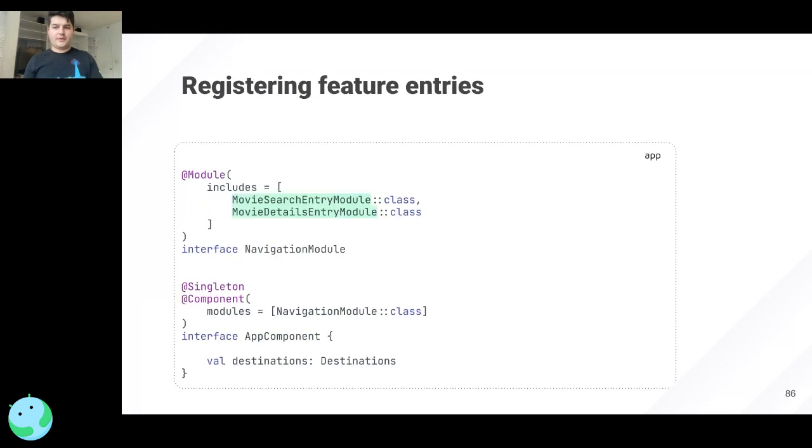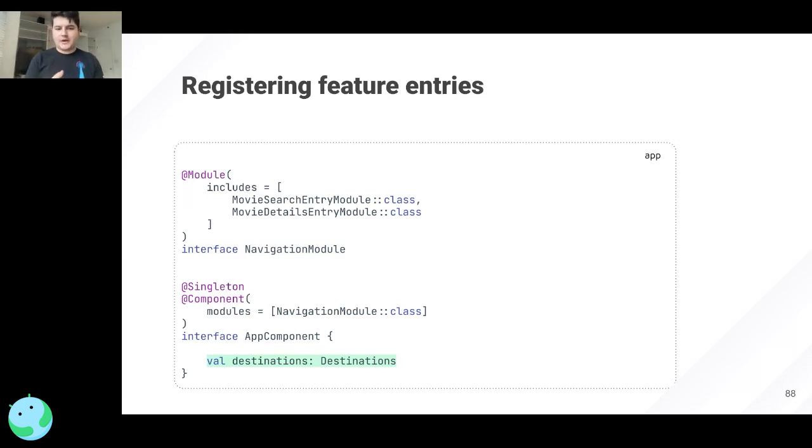When we come back to the application module, the root injector module, we can include all the different feature entry modules from different parts of the application and collect them all in the navigation module. Then in the root app component, which is the root Dagger component, the entry point to the application, you can just add this navigation module, and all of those feature entries will be automatically generated and put inside of the destinations.